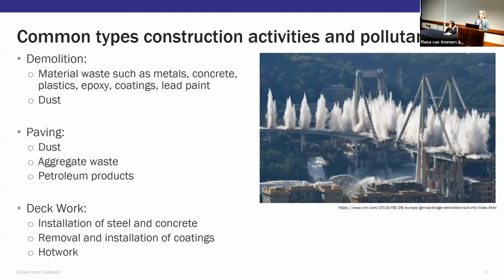Both activities can create dust and waste. Probably will be doing some deck work. So installation and removal of steel and concrete, removal and installation of coatings and hot work. And all of these activities have the potential to create dust and trash that includes compounds like hydrocarbons, lead, mercury, silica, and other toxic materials.